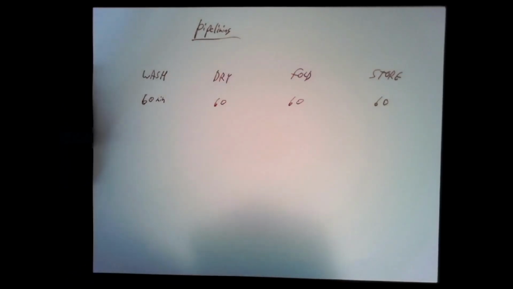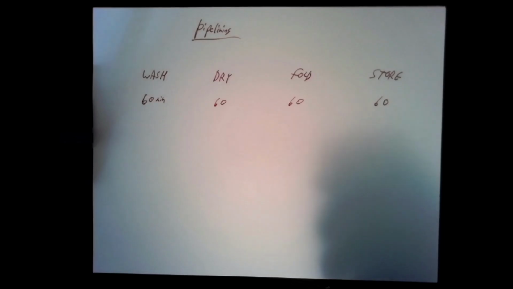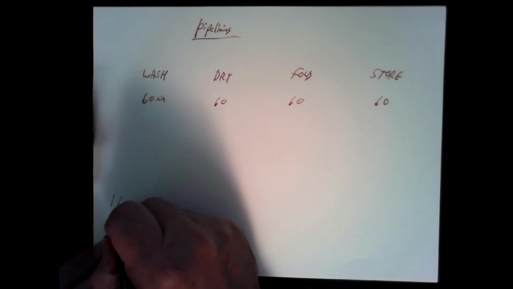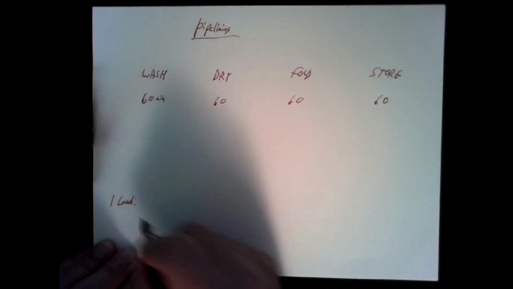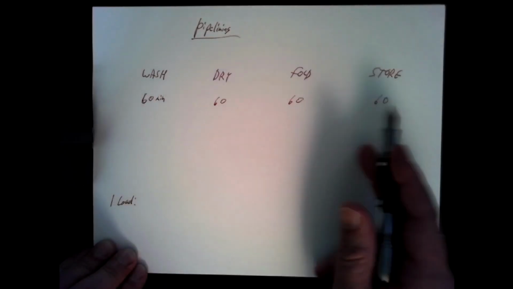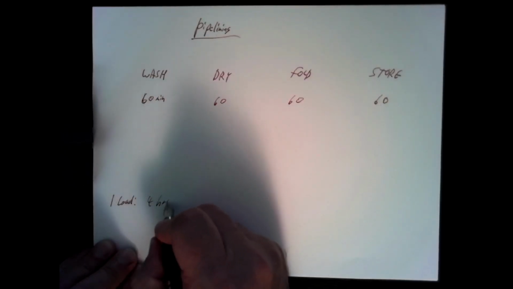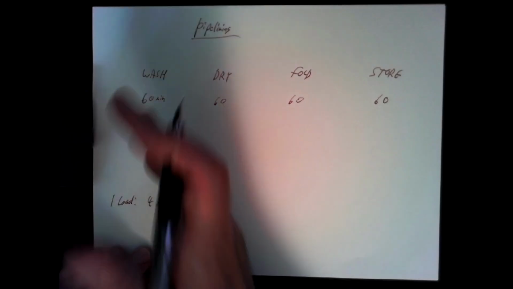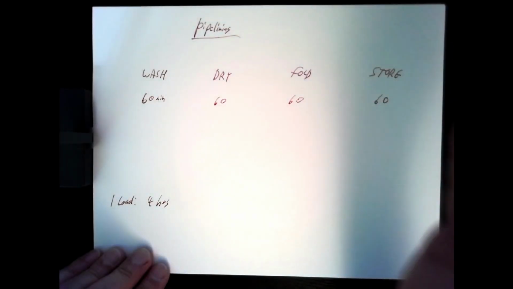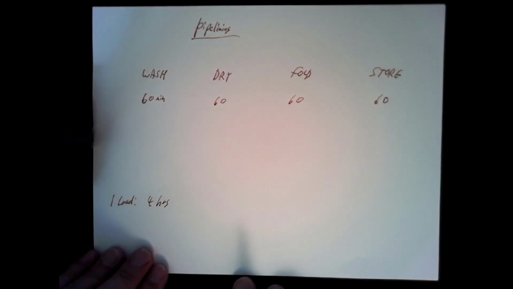Alright, so you want to do 1 load of clothes. How long is it going to take you? 1, 2, 3, 4 hours. You wash them, you take them out, you dry them, you take them out, you fold them, you take them out, you store them. It takes a total of 4 hours.